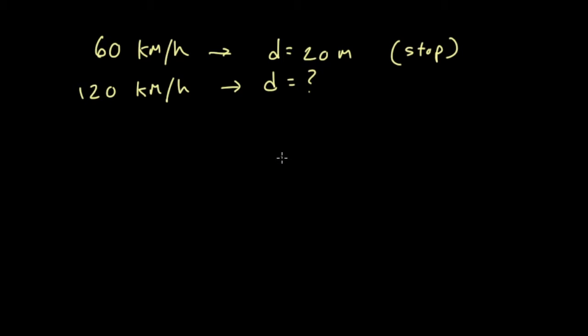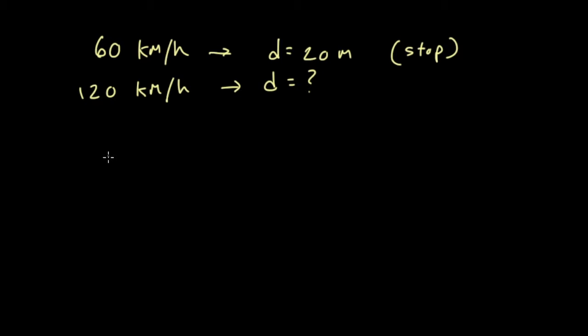Okay, we're going to assume the maximum braking force is approximately independent of speed. So it doesn't matter how fast you're going, the force of braking will be the same. Okay, so we're going to again assume that the car is a simple object that's moving through space, and the net stopping force F is approximately constant.